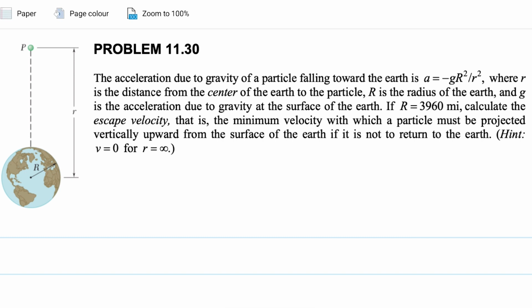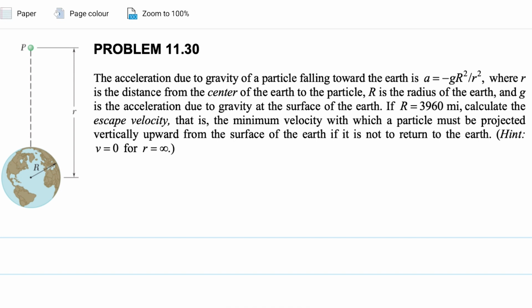The acceleration due to gravity of a particle falling towards the Earth is a equals minus g R squared over r squared, where lowercase r is the distance from the center of the Earth to the particle, R is the radius of the Earth, and g is the acceleration due to gravity at the surface of the Earth.